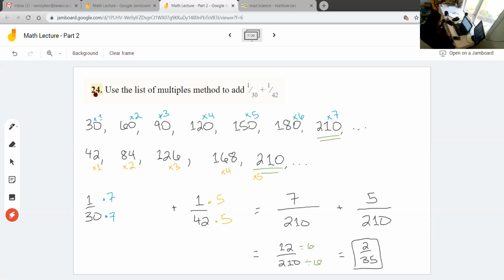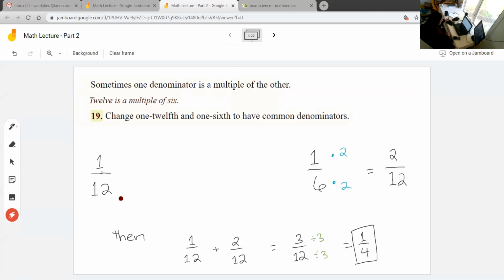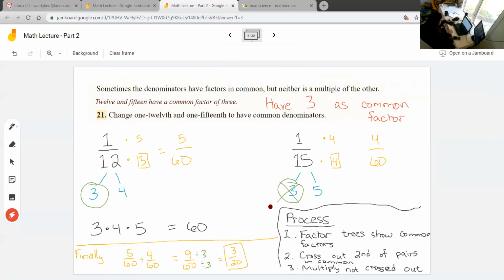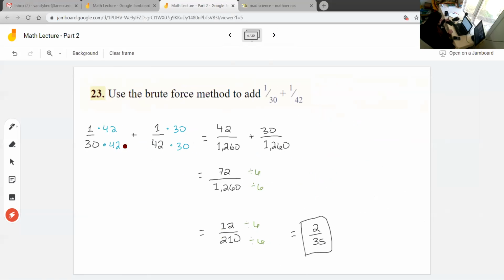So, three different ways to get common denominators. Let's go over them again. The first way is look for what they have in common and sort of fix it. In the easiest case, I can just take a small number and fix it to be like the big number. In the complicated case, I do this stuff with factor trees. The second method is just multiply each denominator by the other one.